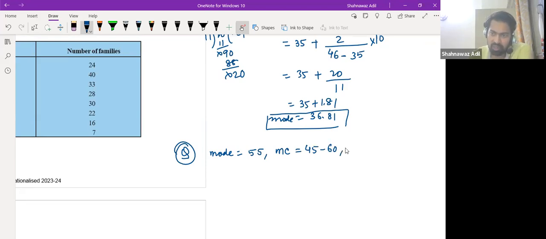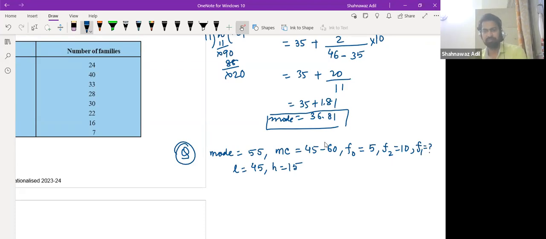The frequency preceding, F0, is 5, and the frequency after, F2, is 10. So we have to find out F1, right? So L is 45 and H is 15, right, Rifa?